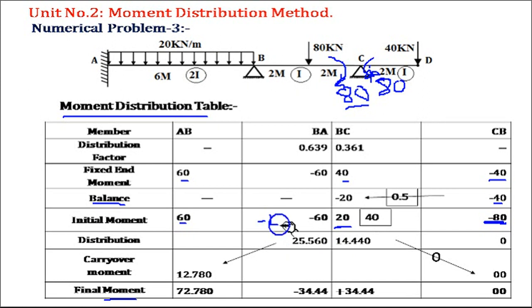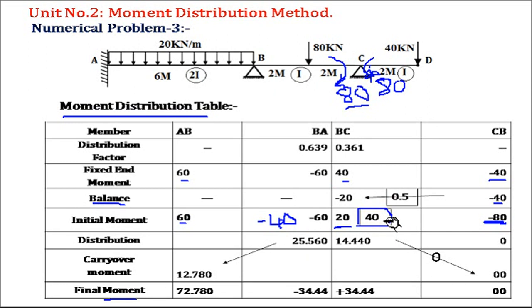This minus 40 is the correcting moment. As the difference is minus, the correcting moment should be plus 40. That we have to remember.